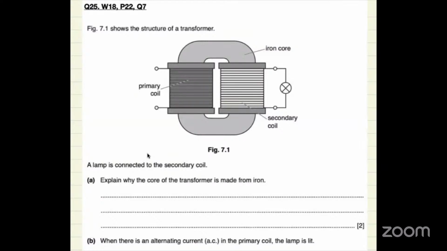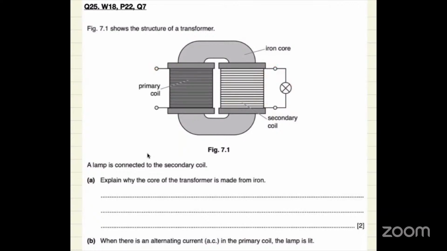Another thing which is often asked is to explain why there is a voltage across this end. If your primary coil is connected to AC, why is there a voltage at this end?